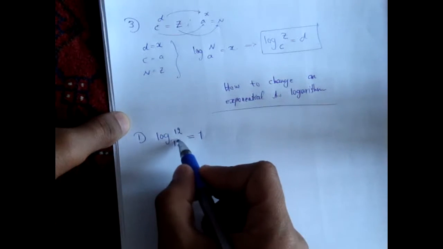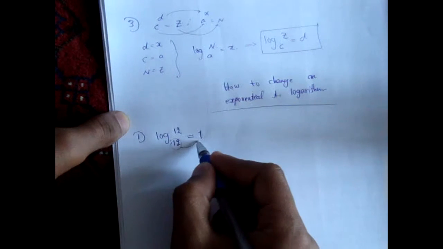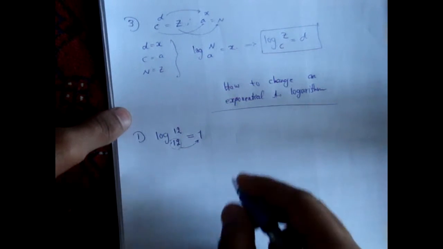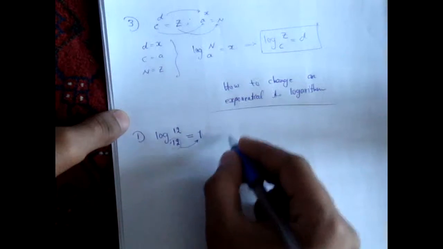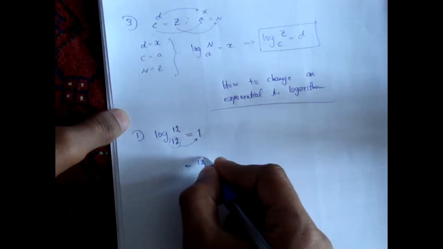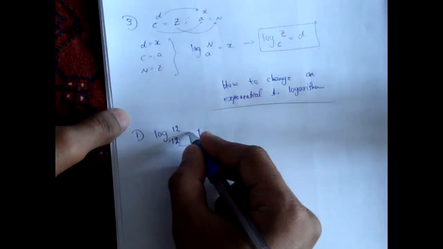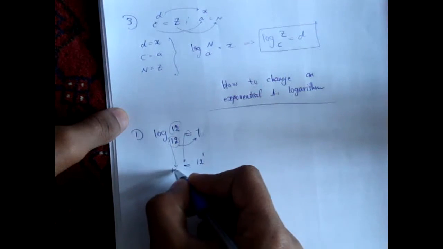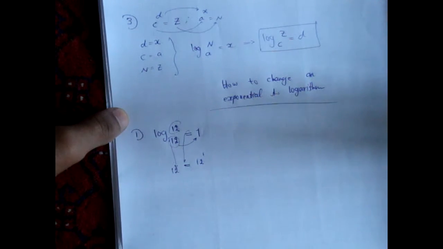So I take the base and raise it to the power of this number right here, the number on the right side of the equation. So I write it like 12 to the power of 1 equals to, the equal sign is back, equals to 12. This is so easy, isn't it?